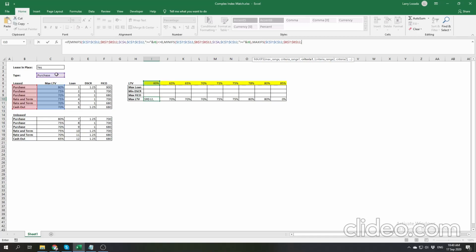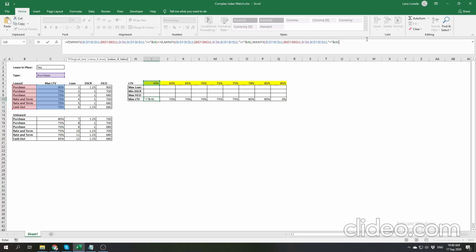Criteria array, criteria. And our criteria range 2, okay? And our condition is the inverse. This was greater than or equal, so use less than percentage.